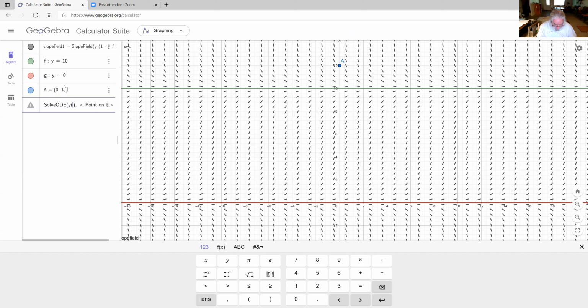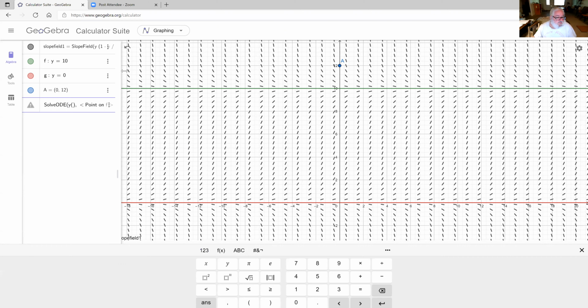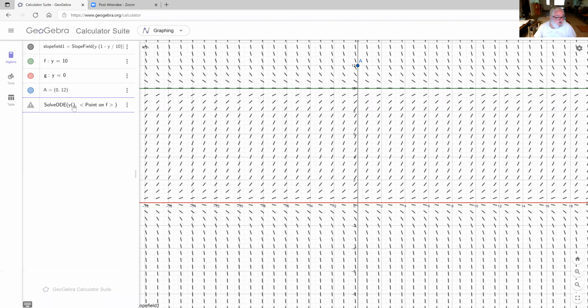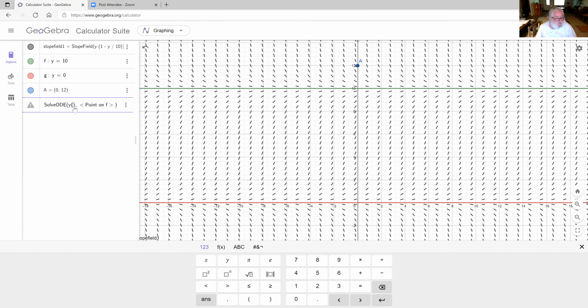Our right side of the equation is, I should pull this out a little bit so we can see it, y times 1 minus y over 10. And then we want to start at the point 0, 12.